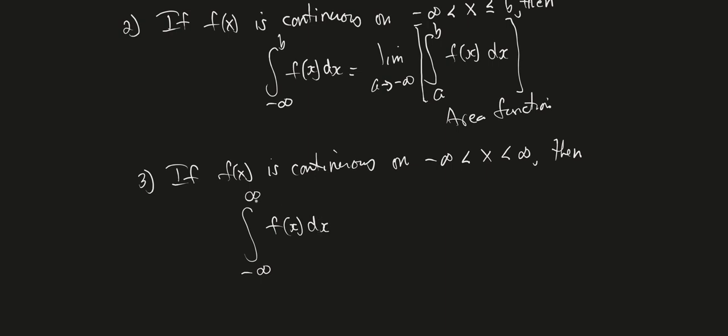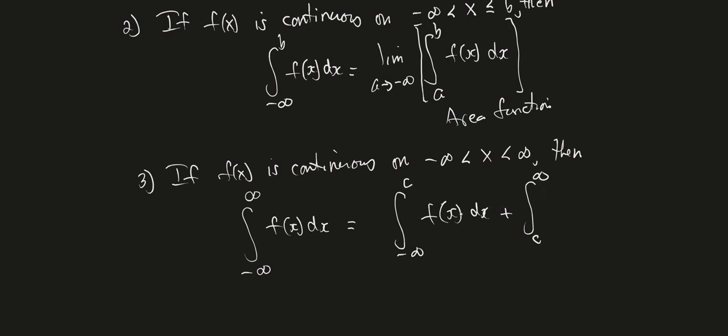Well, because the function is continuous on the entire real line, we can actually use the additive properties of definite integrals. We could, for instance, go from negative infinity to any real number c, and then go from that real number c to positive infinity.